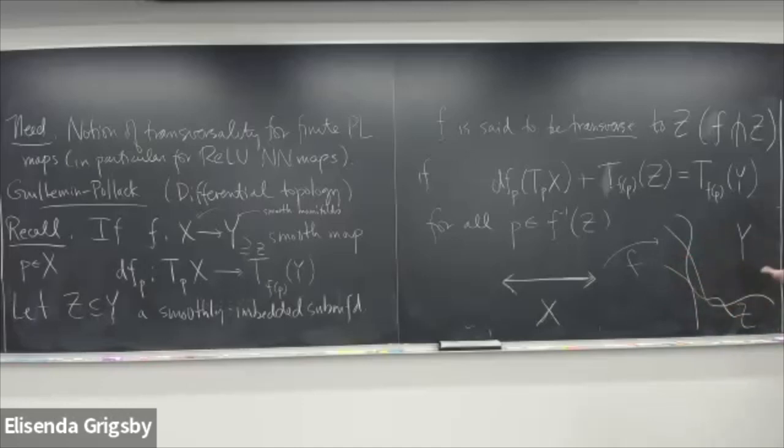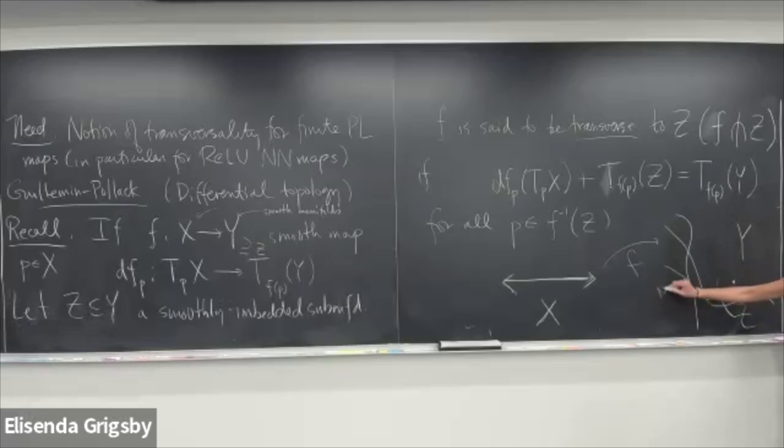But one of the classical facts is that transverse intersections are the typical situation. If X were, say, 0-dimensional, then landing here would be non-transverse. But if you miss the image, then you're transverse.